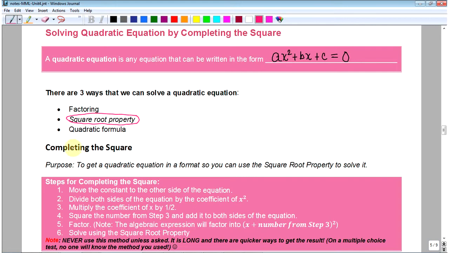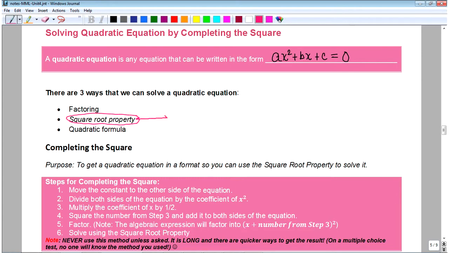The method that we're going to follow is called completing the square. Again, the purpose of completing the square is to get a quadratic equation in a format so that you can use the square root property to solve it.